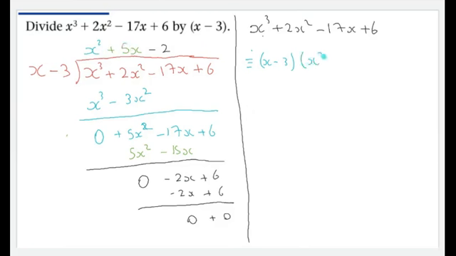So x squared plus 5x minus 2. As far as I'm concerned, the x squared plus 5x minus 2 cannot be factorized. Yeah, because there aren't two numbers that multiply to give minus 2, but add to give 5. At least not whole numbers, so yeah. Okay.